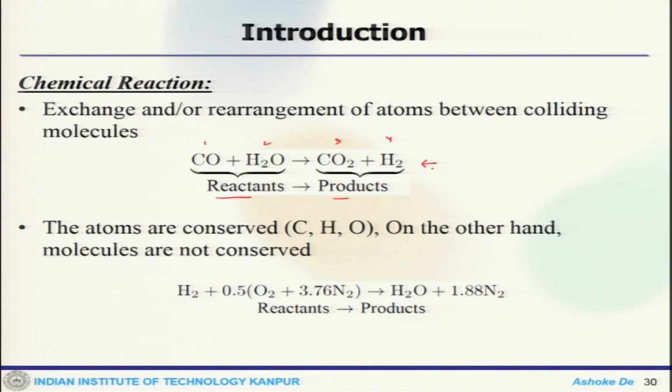The atoms are conserved, but at the same time the molecules are not conserved. Look at this one containing hydrogen when it reacts with air, which has oxygen and nitrogen in different percentages; the molecules are not conserved.